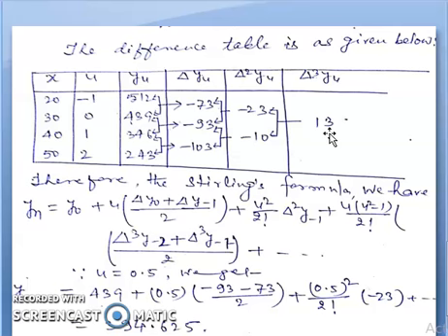Now by using the Stirling formula, y equal to y0 plus u times (del y0 plus del y of -1) divided by 2, plus u squared divided by factorial 2 del squared y of -1, plus u(u squared minus 1) divided by factorial 3 times (del cube y of -2 plus del cube y of -1) divided by 2, plus and so on.